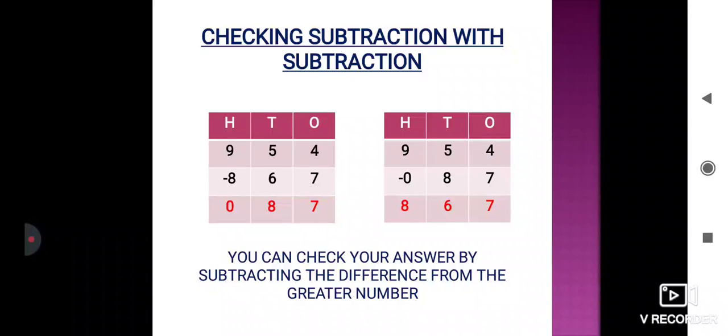Here the greater number is 954, the smaller number is 867, and your difference is 87. So when you subtract 87 from the greater number, you will get the other number, that is 867. If these two numbers are same, then your subtraction is correct. So in this way, you can check whether your subtraction is correct or not.